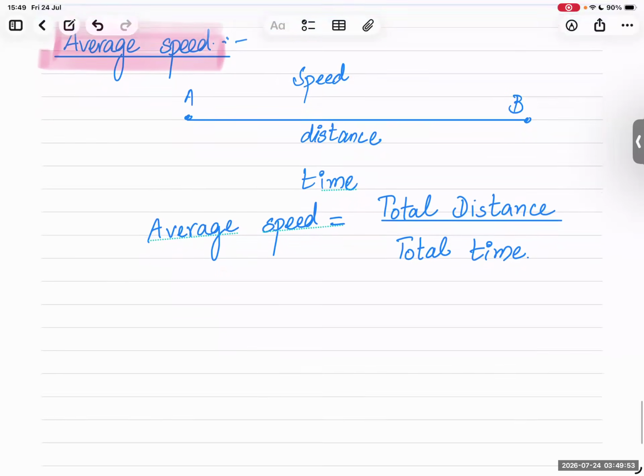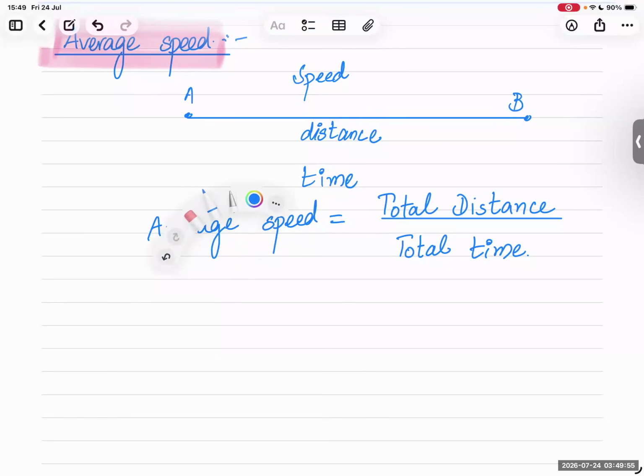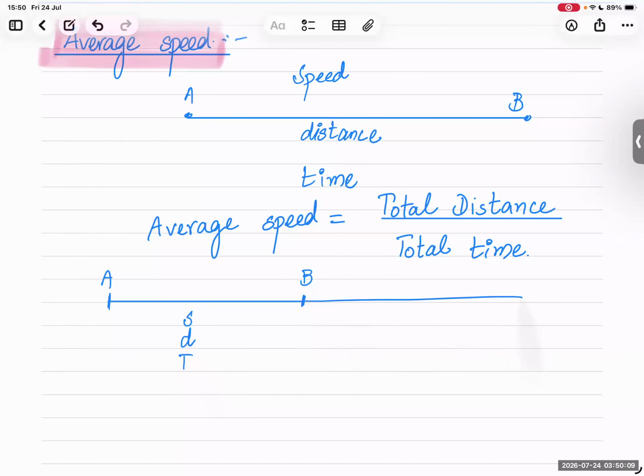The rest would be the same. Yes, but there would be questions related to patches. Sometimes they would ask you, you are moving from A to B, you have different speed, distance, and time. And then you move from B to C, you have a different speed, distance, and time, right?